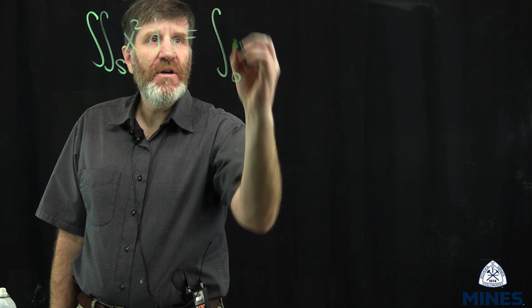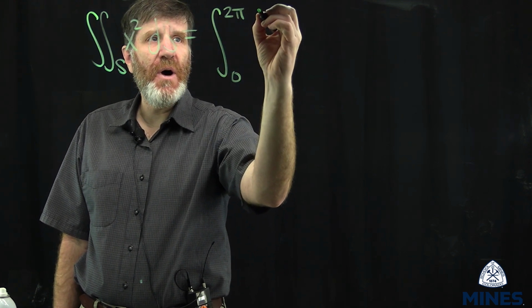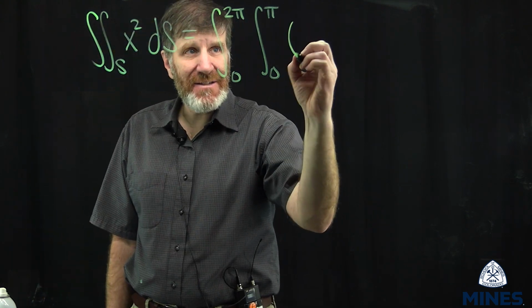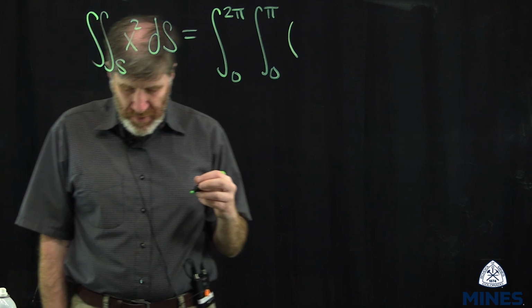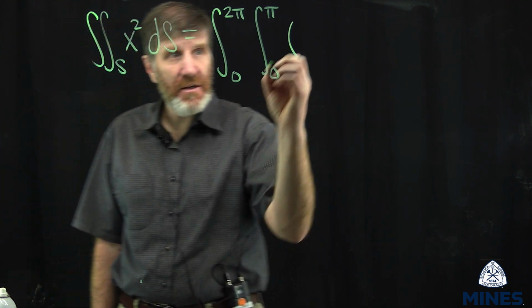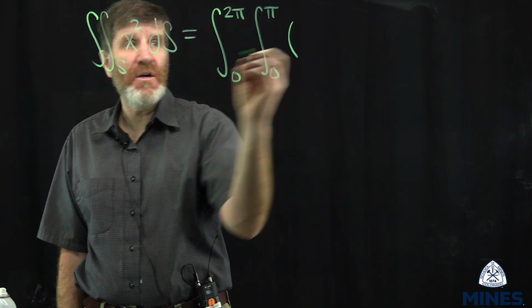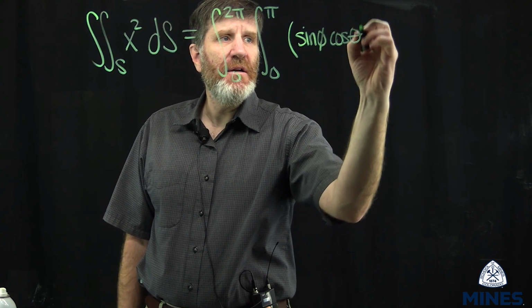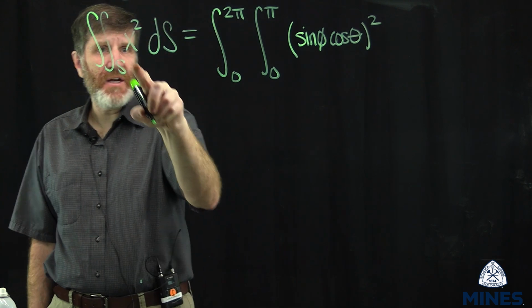The integral becomes 0 to 2 pi in theta, 0 to pi in phi. X on our surface, remember, is sine phi cosine theta, so we're integrating x squared. So that's sine phi cosine theta squared, that's the x squared.